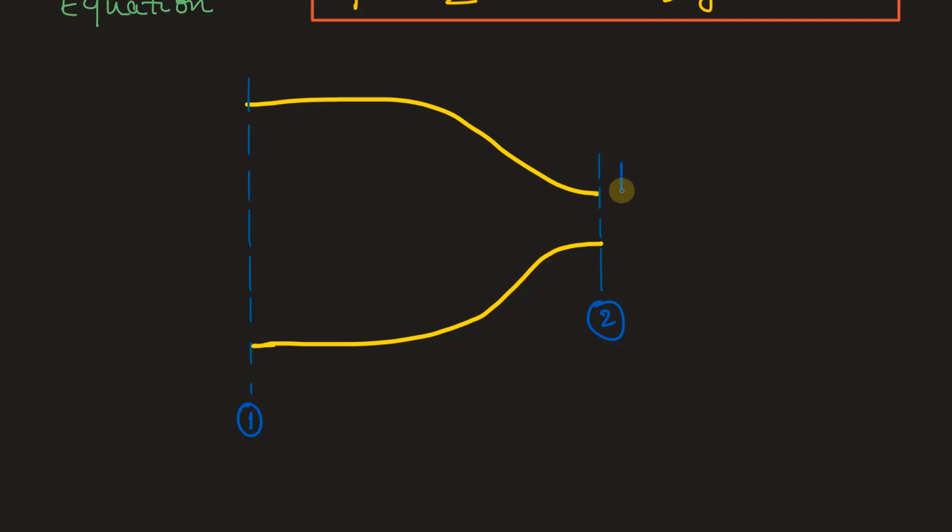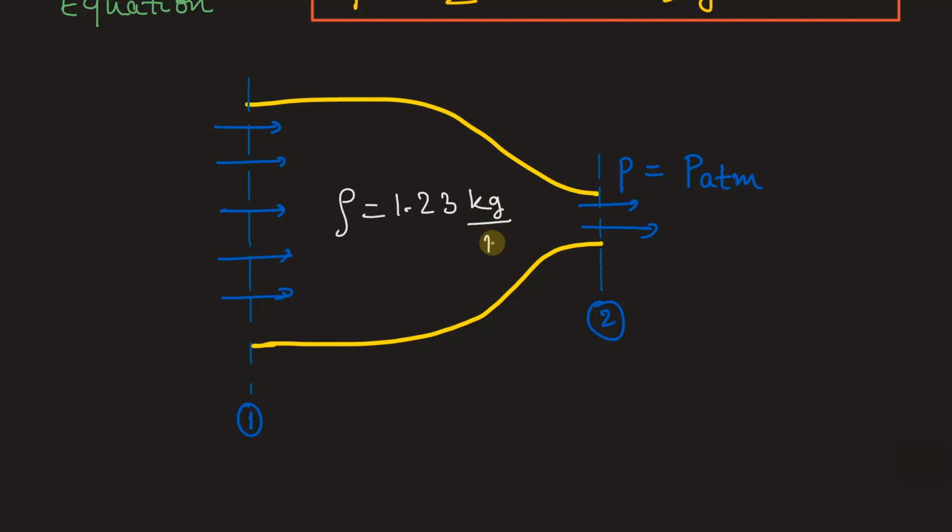At section 2, the pressure is equal to the atmospheric pressure, P atm, and the density of the flow, going in from here and out from here, is 1.23 kg per meter cube. The velocity at section 2, V2, is given as 50 meter per second, and the cross sectional area of section 2 is 0.02 meter square.